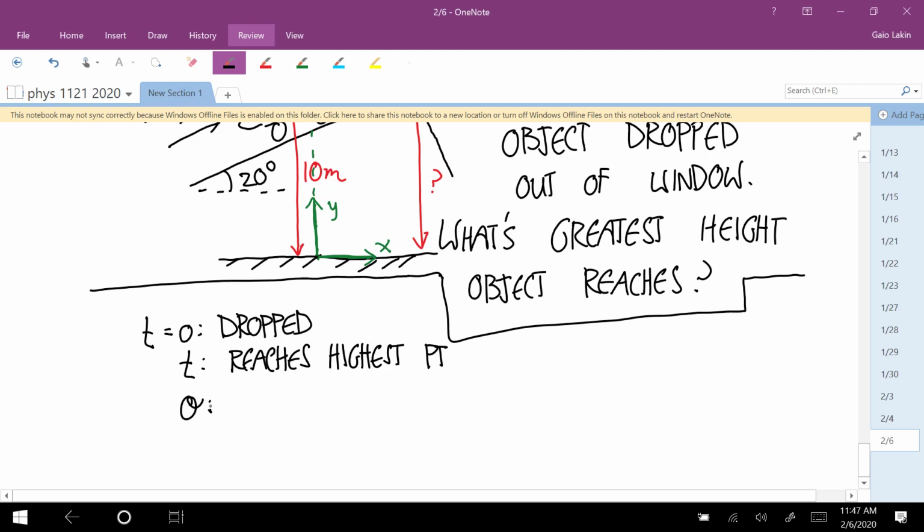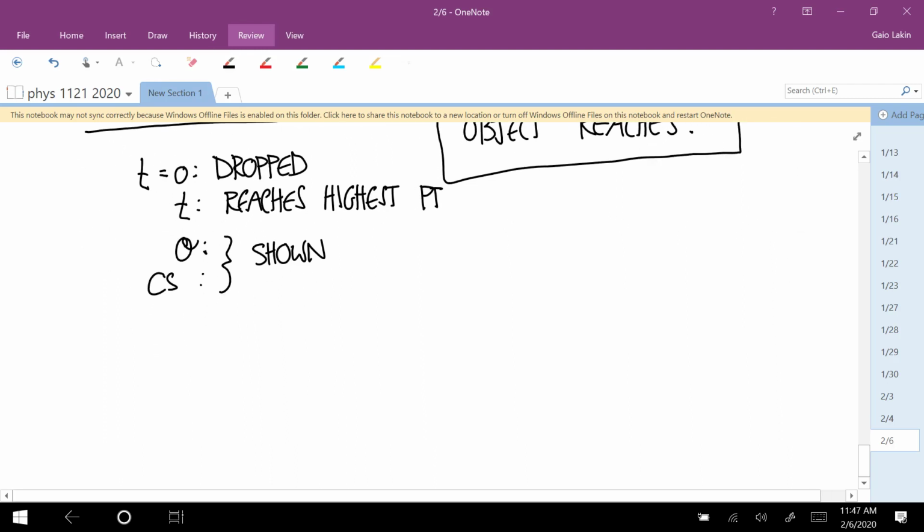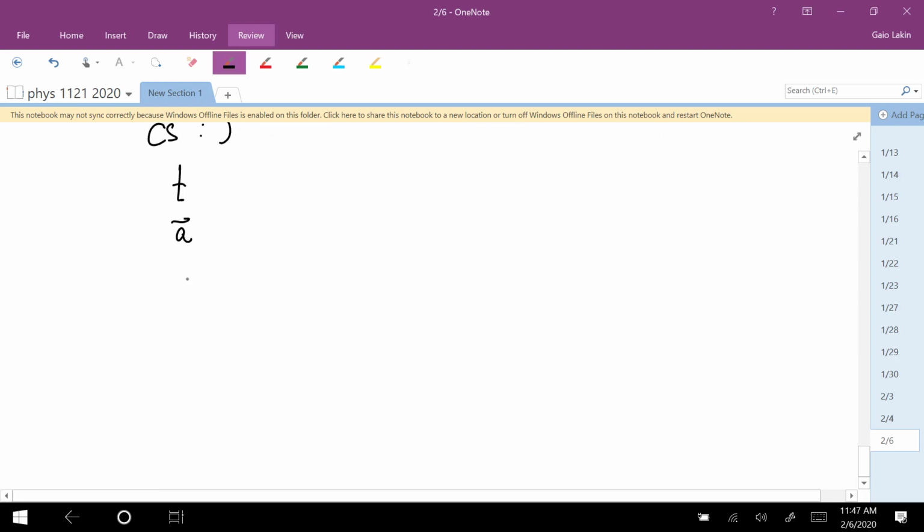The origin location and the coordinate system orientation are shown in the picture. And now we have to think about what variables we want and what variables we know. So t, acceleration, initial position, position at time t, initial velocity, and velocity at time t.